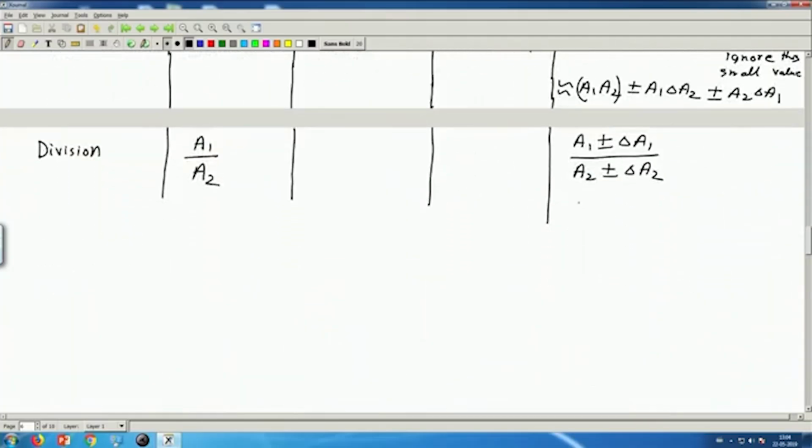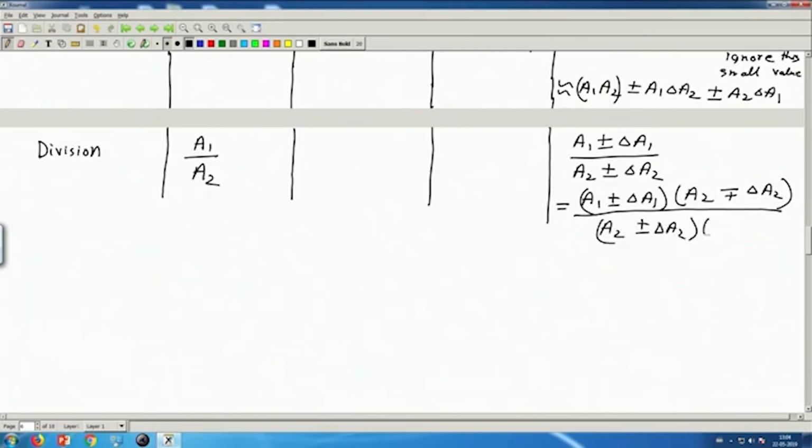Now the true value, you can write this as A1 plus minus delta A1 multiplied by A2 minus plus delta A2. Here also it is the same thing, A2 plus minus delta A2 and A2 minus plus delta A2. So you are multiplying and dividing by the same quantity.